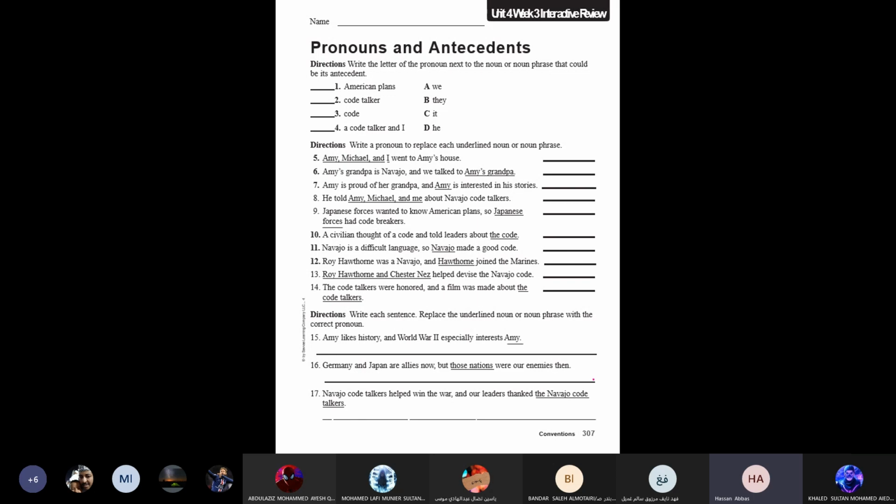Excellent. First of all, the underlined words are at the beginning, mid or end? End. And at the end we need an object. The Navajo code talkers is plural. That means we need a plural object pronoun. This will be them.